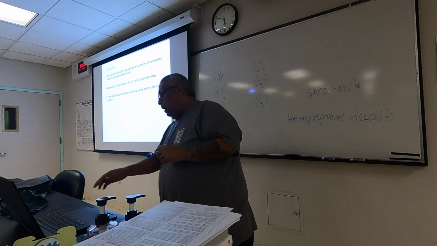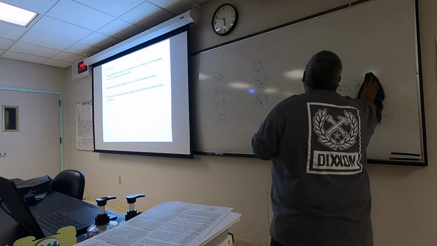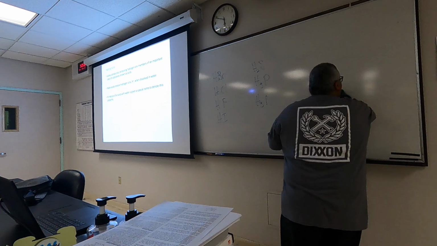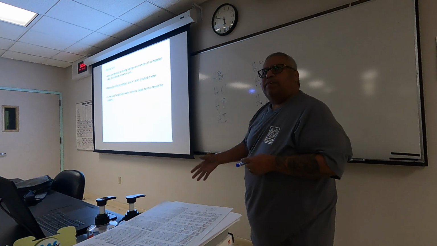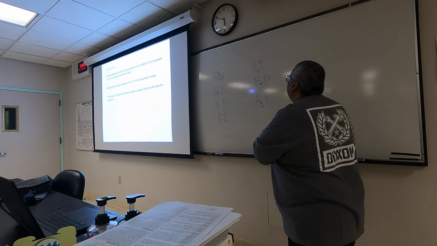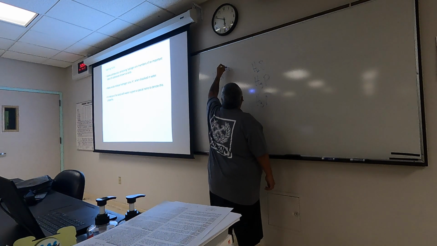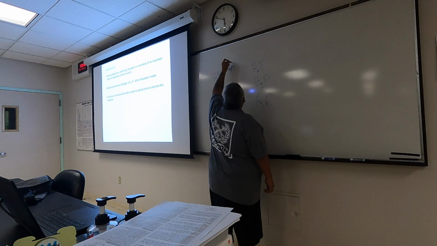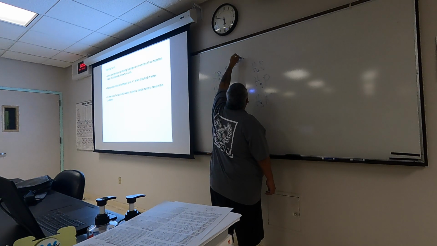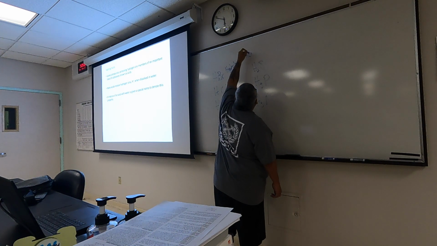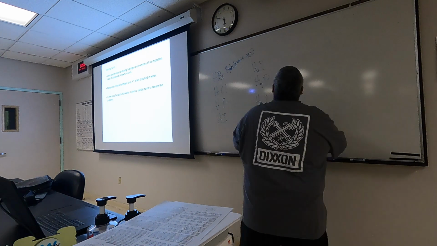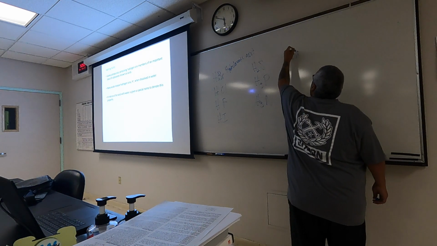So these are our binary acids. Binary, bi meaning two. So all of these acids have two elements to them. So here this is hydrobromic acid.